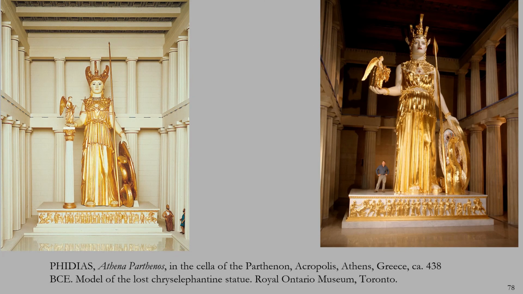Inside the temple was a massive 40-foot tall statue of Athena, designed by Phidias, the guy who came up with basically an entire plan of the Parthenon. The image on the right is from a reconstruction in Nashville, Tennessee.